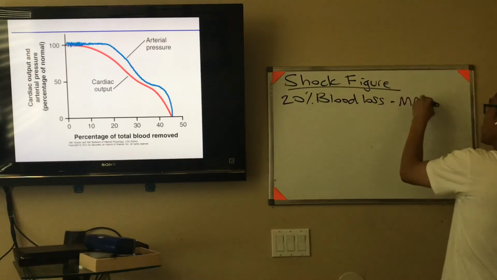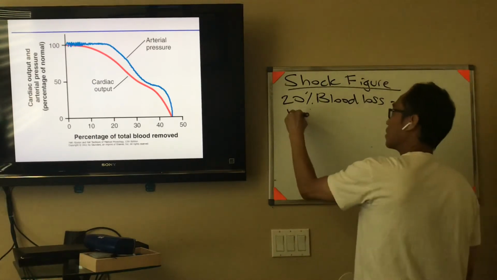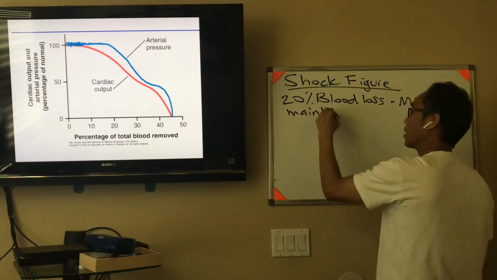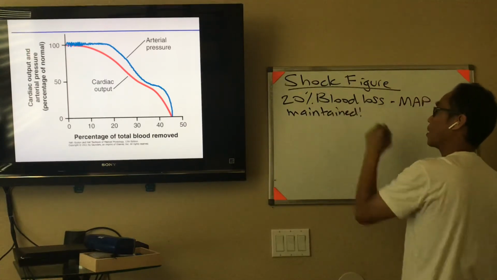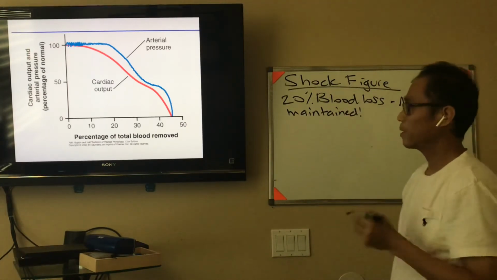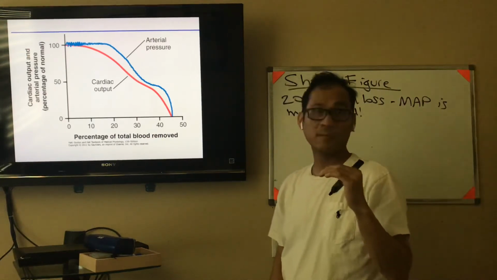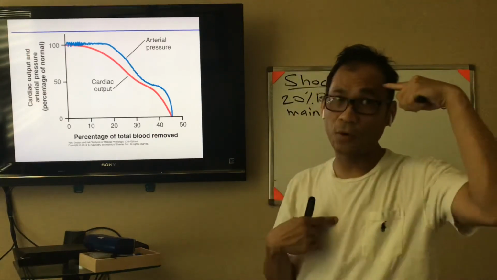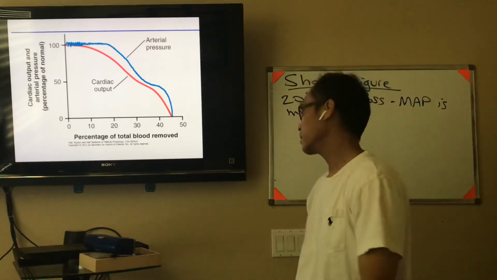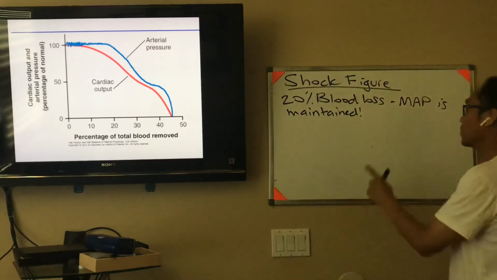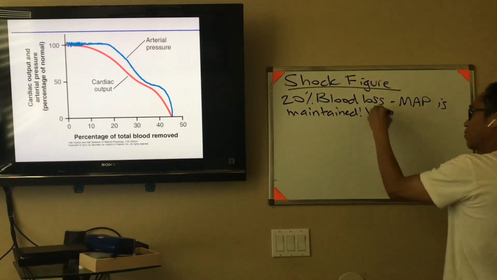Mean arterial pressure is maintained. It's amazing. You've lost a lot of blood, 20%, and you still maintain blood pressure to keep blood flowing to the vital organs: heart, lungs, and brain. This underscores the value of sympathetic reflexes.